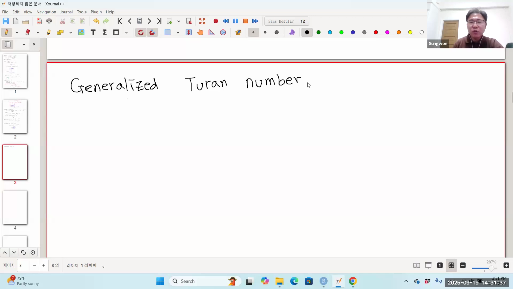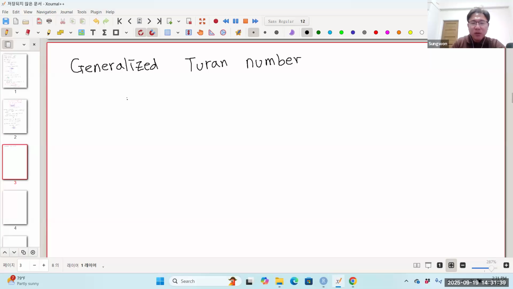So the generalized Turán number is the extremal number with n vertices, but this time we are not counting the maximum edges, but we are counting the maximum number of some subgraph F, given that another subgraph H is forbidden.